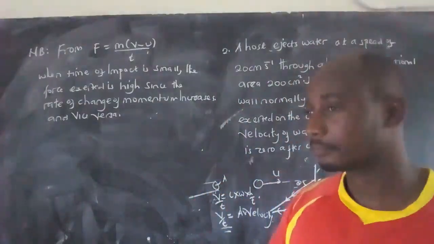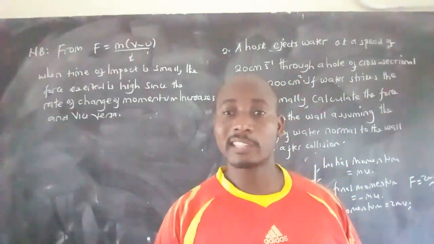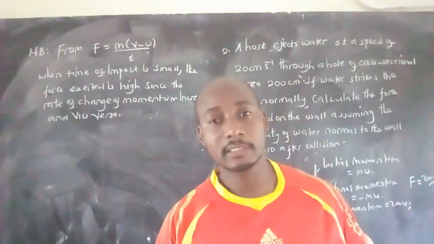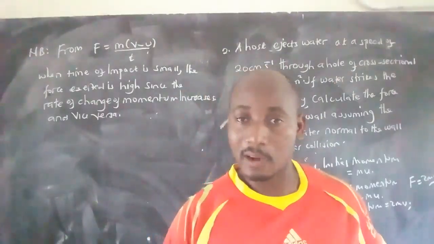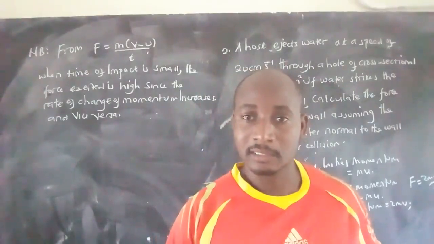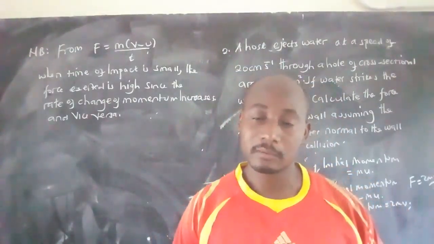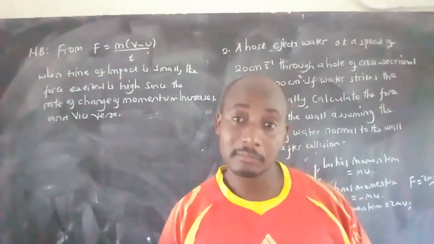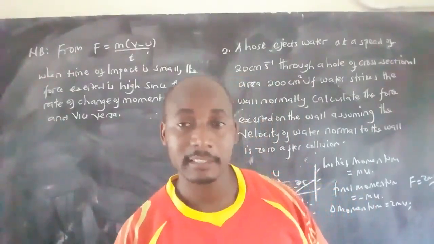Number two, water drops from the iron sheet dig the ground. Of course, you know why. It means the time of impact is very small. This increases the rate of change of momentum. Hence, the force exerted on the ground is very high.